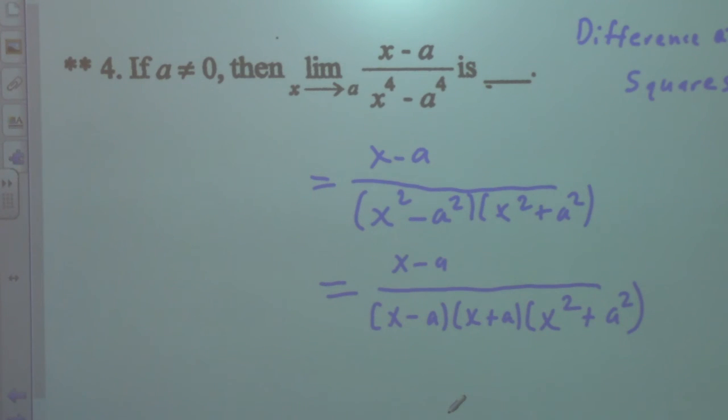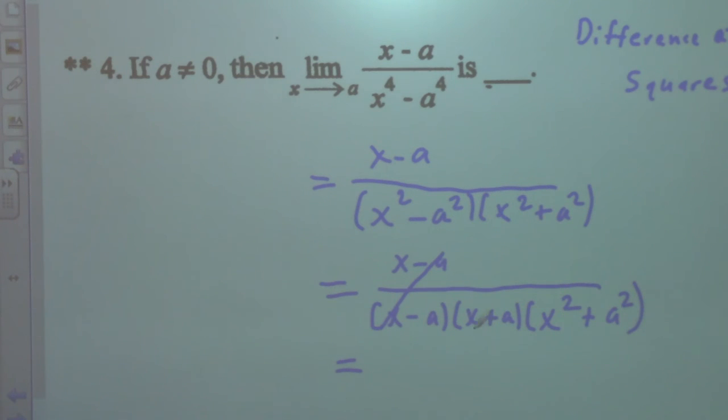So you don't have to factor the other one? Yeah, this thing right here, a sum of squares, is unfactorable. So we can't do anything with this. So what happens now? You can cross out x minus a.